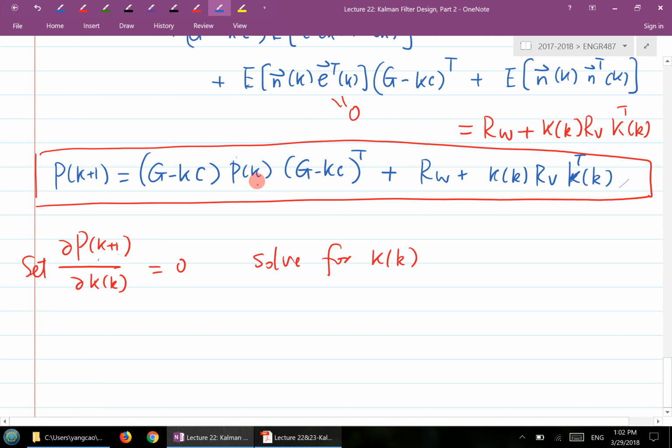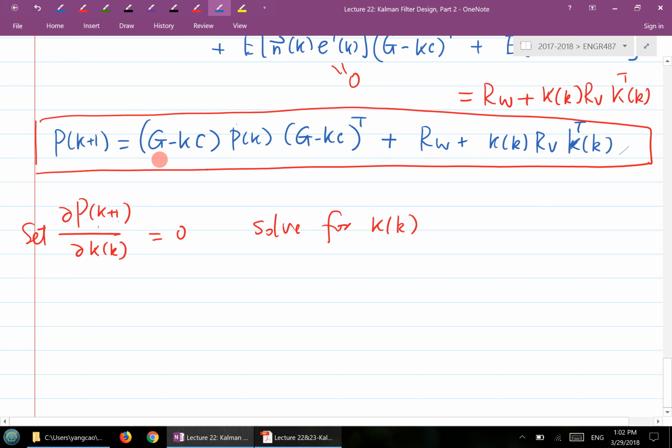So partial P of k over partial k should be 0. We're talking about partial P of k plus 1 over partial k. And you have a k here and a k here. If I take the partial derivative of the first term with respect to k, it turns out to be this one.